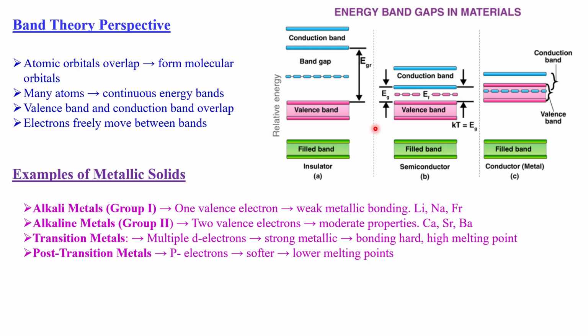This allows electrons to respond immediately to external electric fields. The absence of a band gap is the fundamental reason metals conduct electricity easily. Band theory also explains why small changes in structure or composition can significantly alter metallic properties.